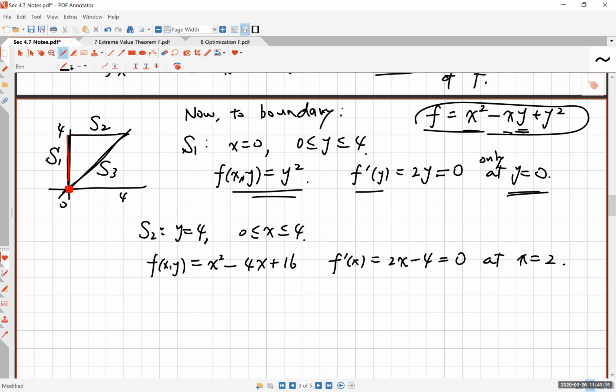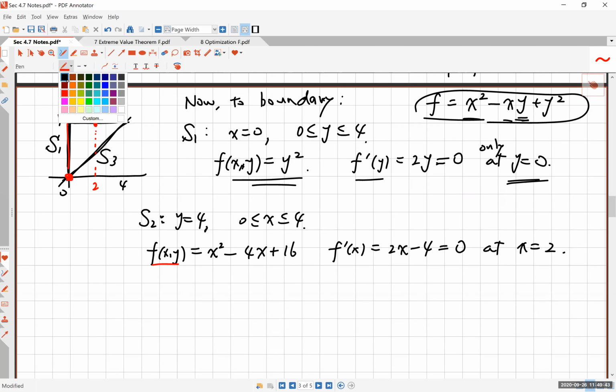So something may be happening right here when x is equal to 2. This is a point I have to worry about, because it is a critical point for f restricted to side number 2. So we picked up one of the suspects.